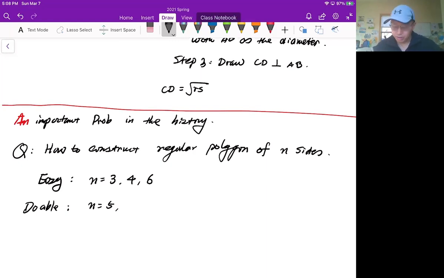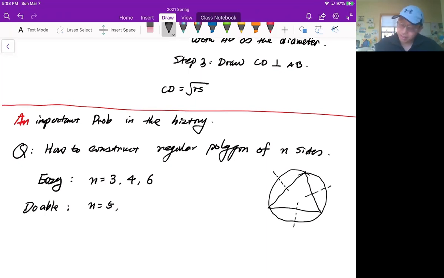For 3, if you have that circle here, this is an equilateral triangle. How can you do 6? You just do the perpendicular bisectors, like here, and you can connect this one, this one, and so on.